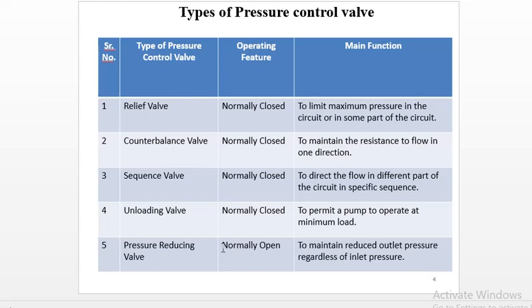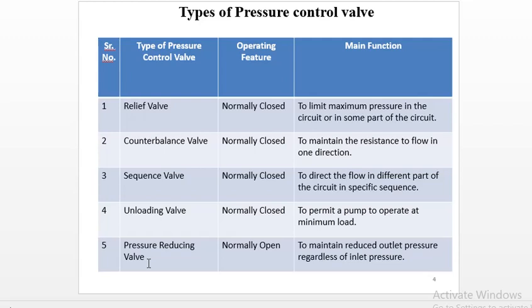Restricting the flow means the flow is on, but we are restricting some amount of flow. That's why its operating feature is normally open, and it works on the second principle. So the first four valves work on the first principle, and the pressure reducing valve works on the second principle.